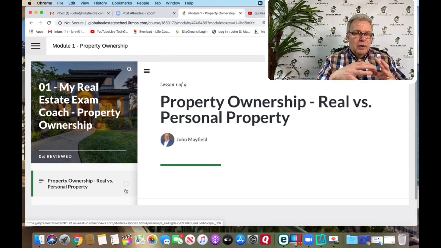I wanted to make sure all the learning objectives were covered and that we go through the material very well. By the way, so far, unless someone's taken the test this month and hasn't reported to me, every person I've talked to that's gone and taken the exam in March from Global Real Estate School has passed both parts on the first attempt.